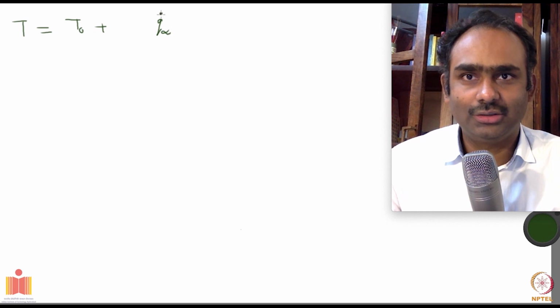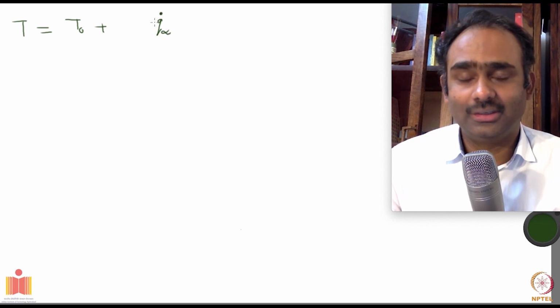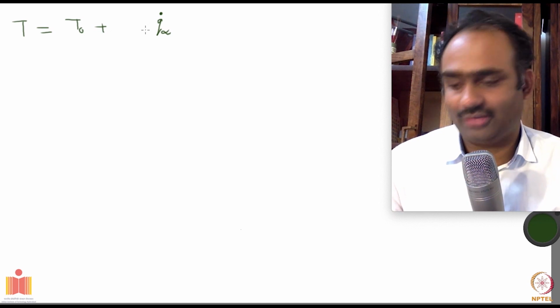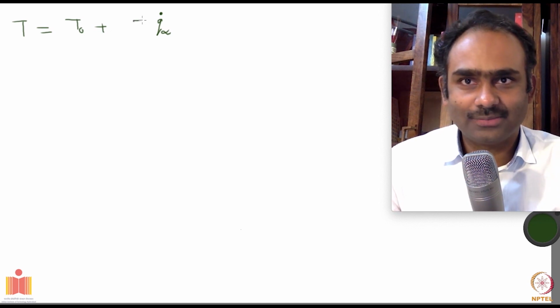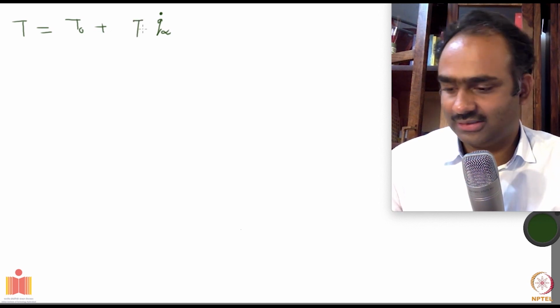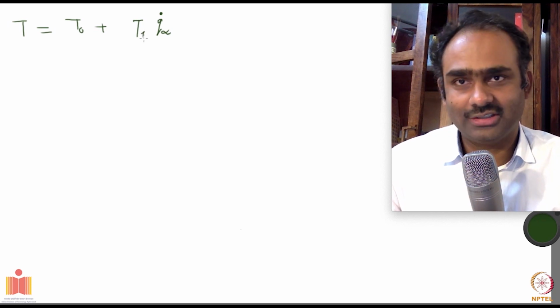So T1 would have a form like q alpha dot times some coefficients or some functions.